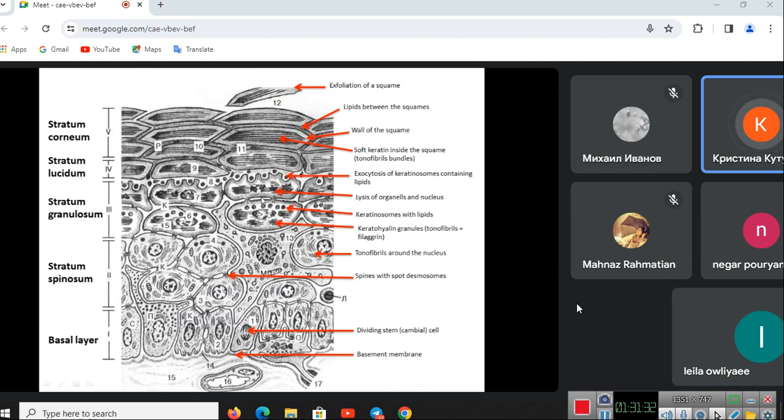And next, in the stratum granulosum layer, the keratinosomes go out via exocytosis, and lipids go between the cells and fill the extracellular environment between the cells. And then they will stick the squames together.